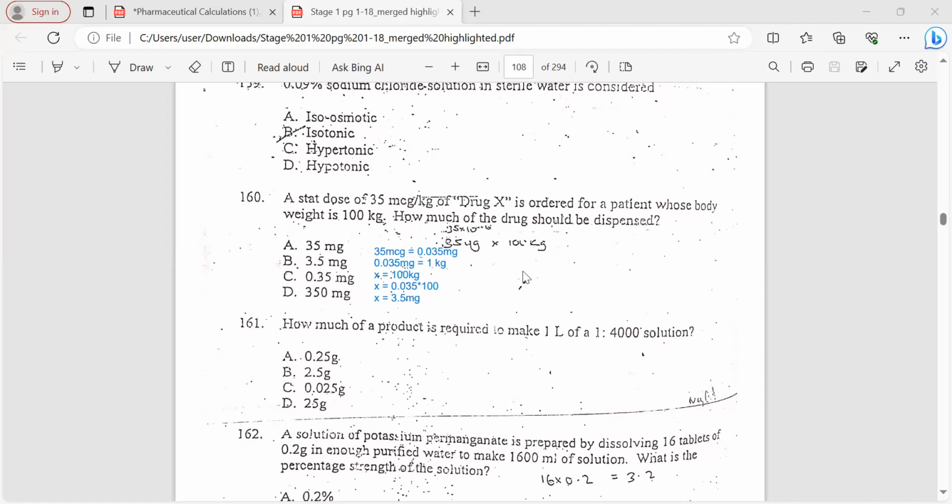So we divide by a million or 1,000. From micrograms to milligrams, we divide by 1,000. Yeah, micrograms to milligrams, we divide by 1,000 to get 3.5 milligrams.